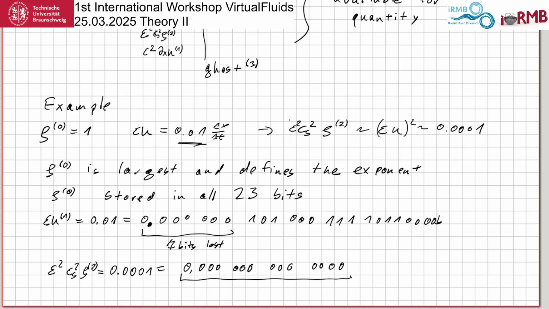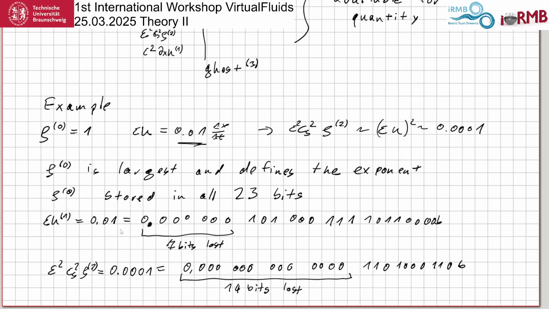So you have 23 bits to do this, and 14 of them are lost. And then you have 110100000110 binary. Okay, now the question is, a velocity of 0.01 as a numerical value, is this extremely small?